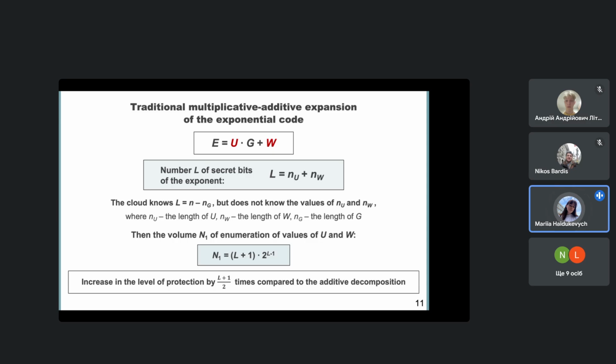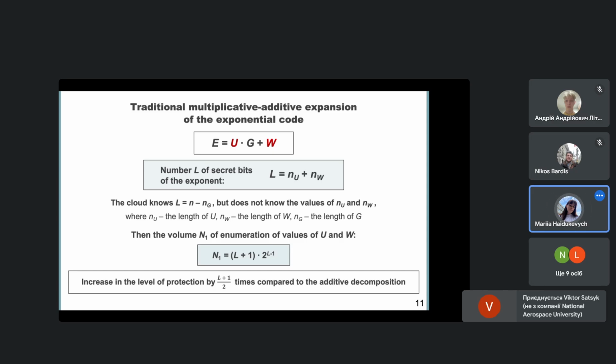But at the same time, the cloud doesn't know the specific values of these lengths, and it has been proven that it is due to this that the volume of search N1 for the intruder to select the values of U and W with unknown results of modular exponentiation is determined by the formula presented on slide 11.